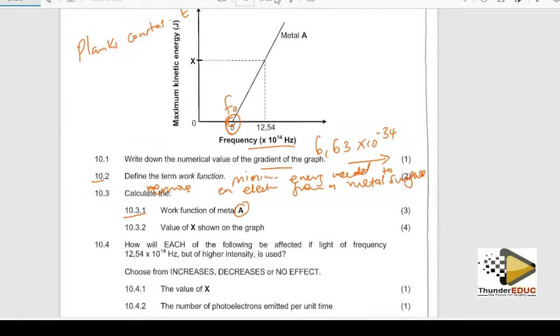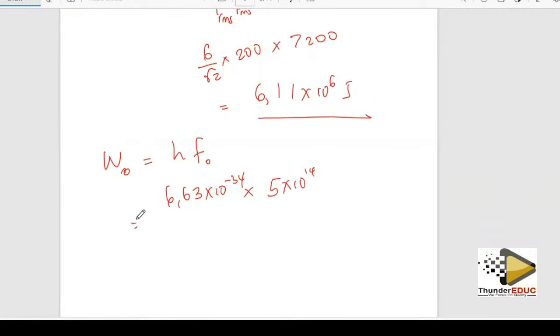Okay, so what I'm going to do is just punch this into my calculator. 6.63 times 10 to the negative 34, multiplied by 5 times 10 to the 14.